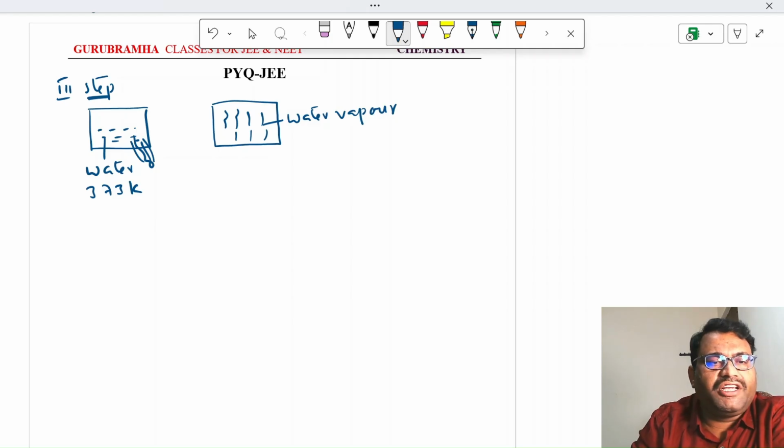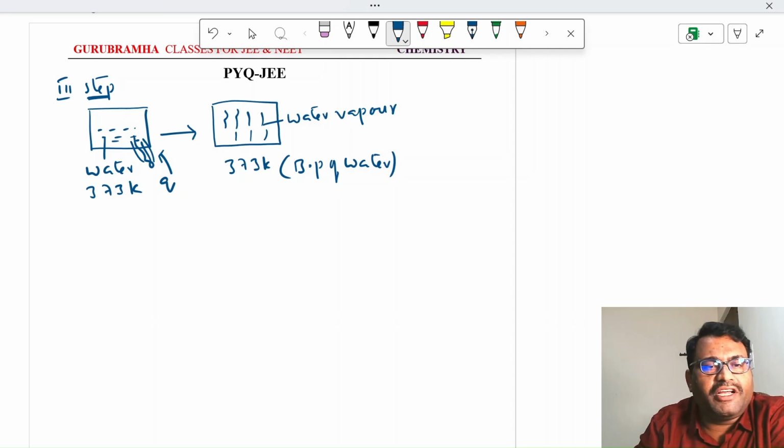So whatever heat Q you are supplying will be used to convert the water from liquid state to vapor state at the same temperature, 373 Kelvin, the boiling point of water.